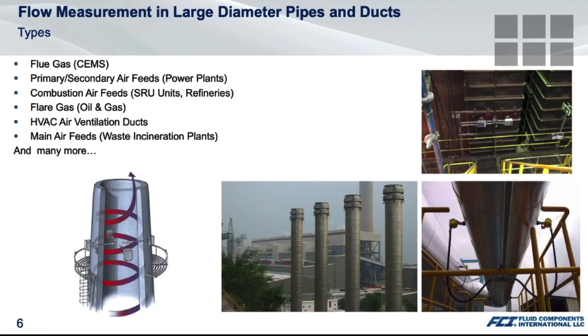Combustion air feeds, such as sulfur recovery units, and refineries itself. Flare gas, like on the main header, typically those can be up to 48-inch in diameter. HVAC air ventilation ducts, and main air feeds for typically waste incineration plants, which is becoming a new environmental application.